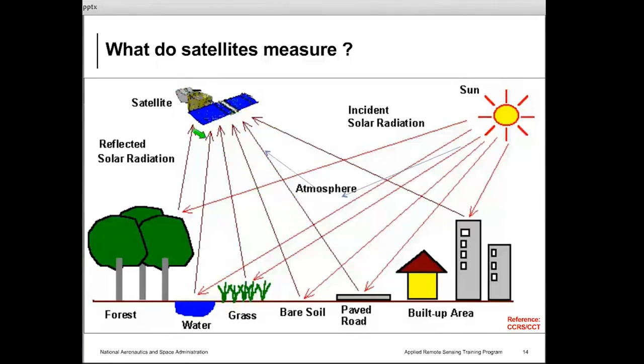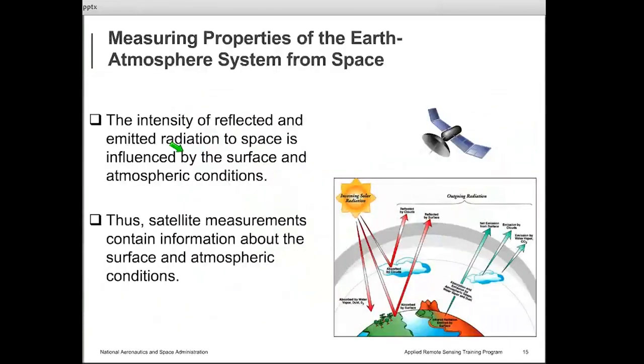This reflected solar radiation is measured in different wavelengths with very precise accuracy by the satellite sensors. Different sensors collect this radiation in different wavelengths depending on the purpose of that particular instrument.